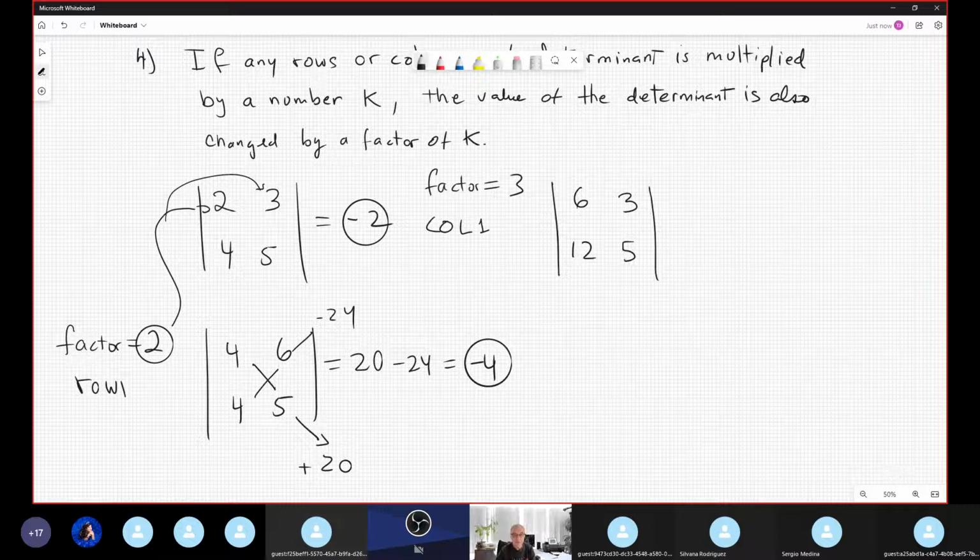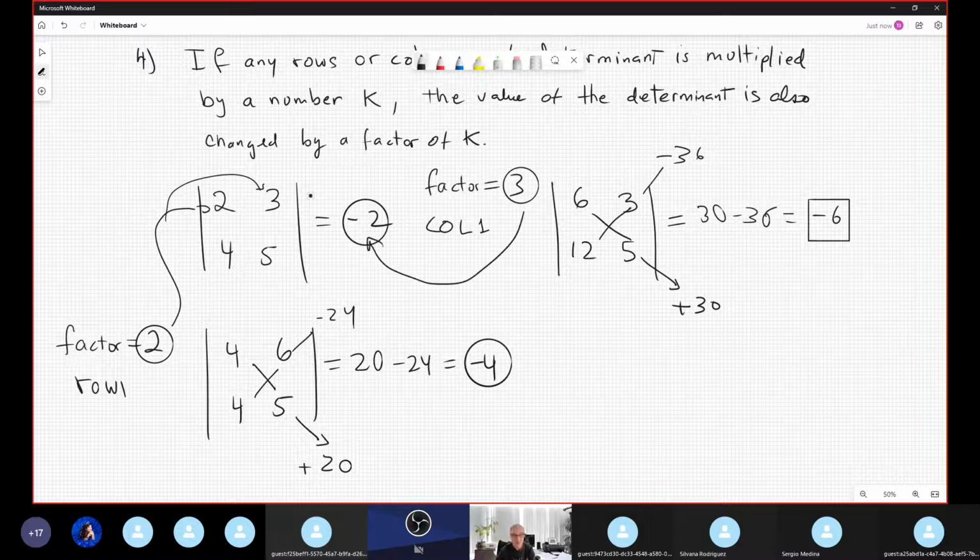And 3 and 5 stay the same. My multiplication is 30 positive and this one is -36. 30 minus 36 is -6. We get the same answer if you multiply the factor by the original value of the determinant. Do you understand clearly now?